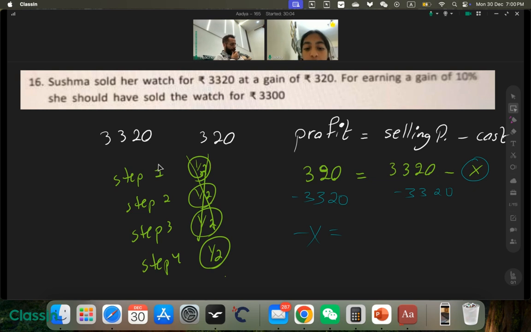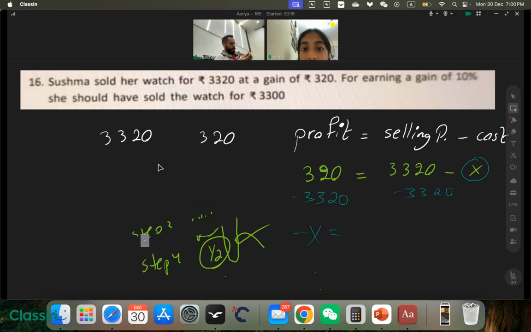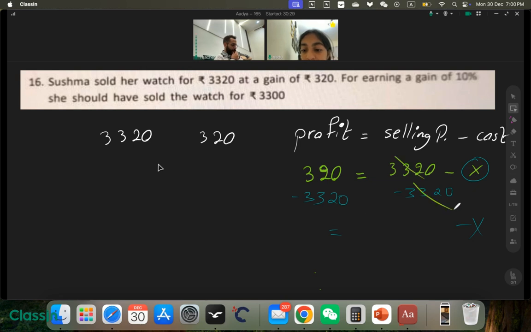If you got it correct, your teacher might give you all of the 2 marks. But if you got this wrong, at least you're getting 1.5 or 1 or a half. At least you're getting something. Please keep this in mind. Yes, minus x is on the right. Keep it on the right.